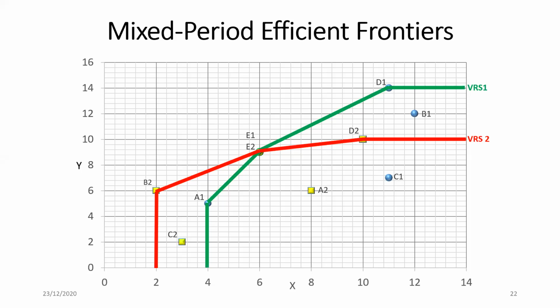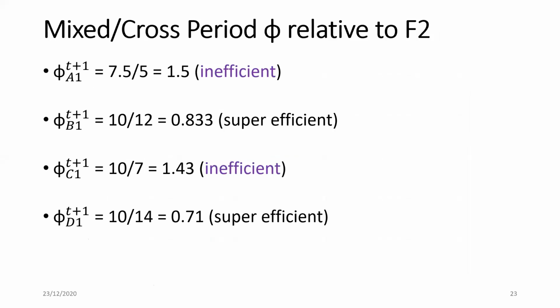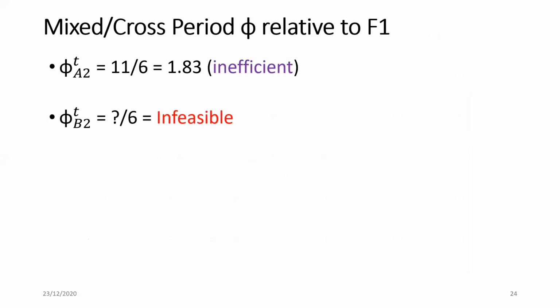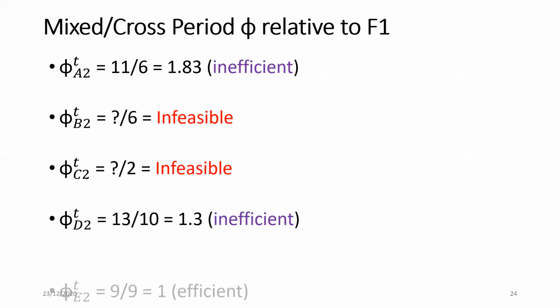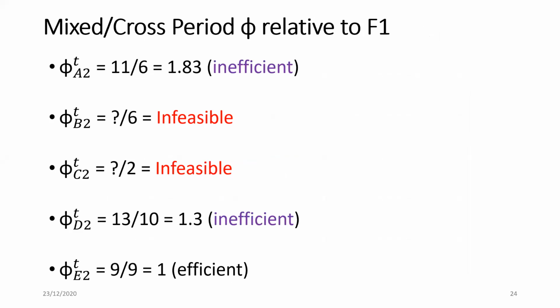So now you can see that if we are to go by the standard Malmquist approach, these are the scores, cross period. You can see that B2 and C2 are not feasible. You cannot get a score. We know the value, but we don't know the frontier point.